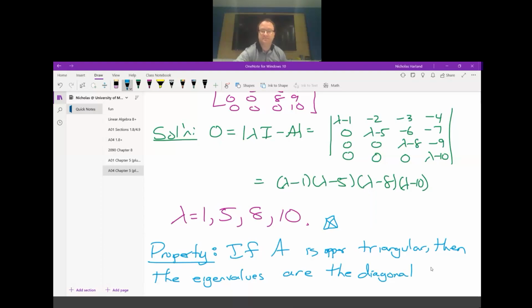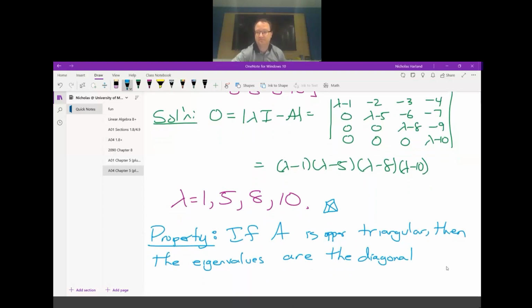It's not wrong, we can just do better. We don't actually need it to be upper triangular. Any triangular matrix would work as well. They both come from the determinant property: the determinant of a triangular matrix, you just multiply along the diagonal.